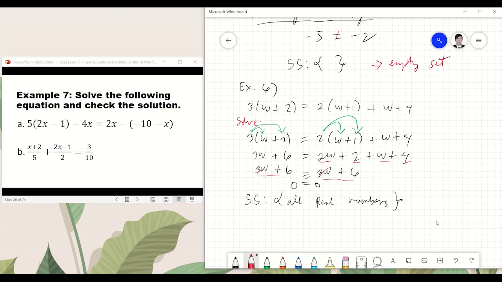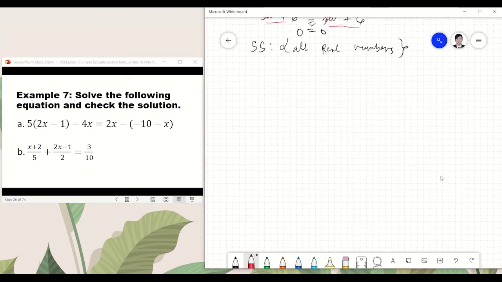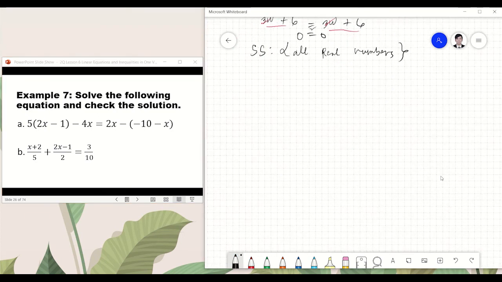Okay, let's have example 7. So, same instruction. Yun pa rin. Okay. Ito yung equation natin.